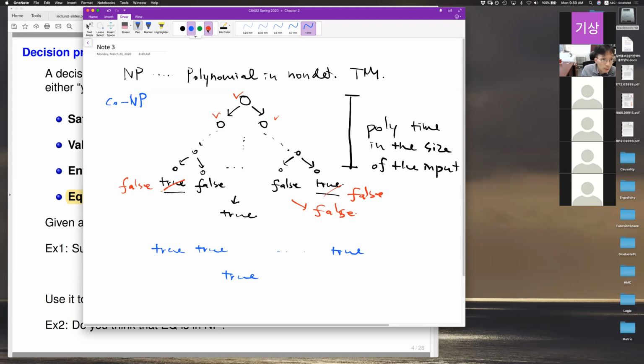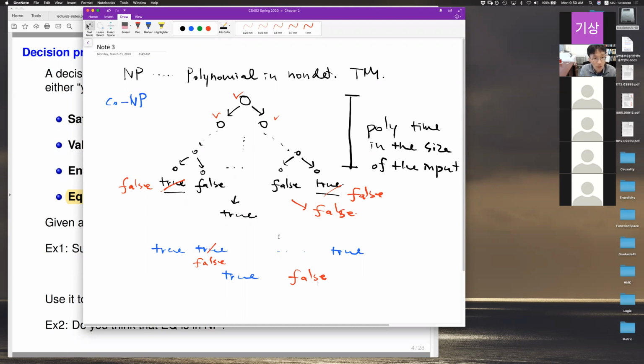But if false appeared at some point, like this, then it returned false. So NP and co-NP assume a very similar kind of computation model, except that the last steps are different. That answer collecting step is different.